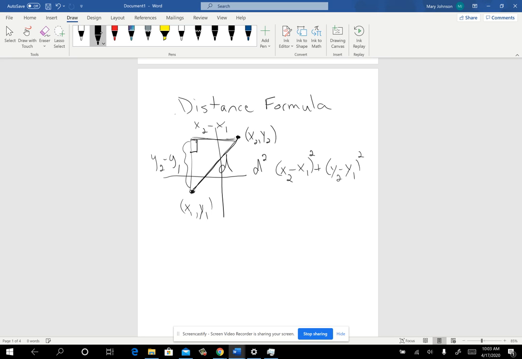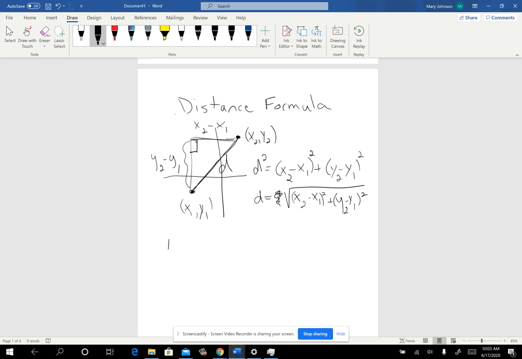So we know that the distance squared, the longest side, has to equal this. And so we want the square root of all of that. But because it's an application problem, we don't want the negative one, so that's why you don't normally see that. That's normally not there because we want just the positive one.